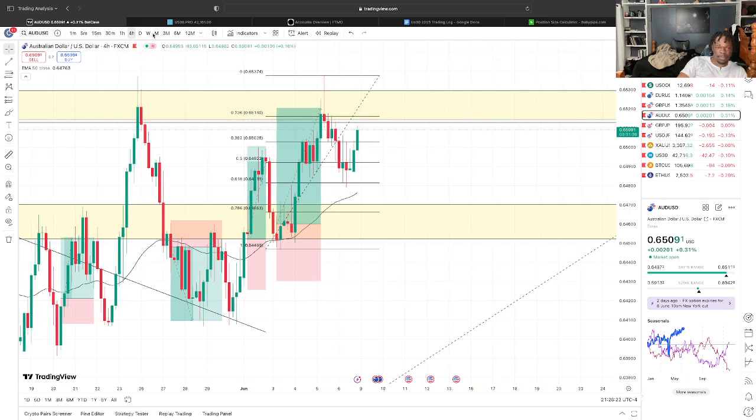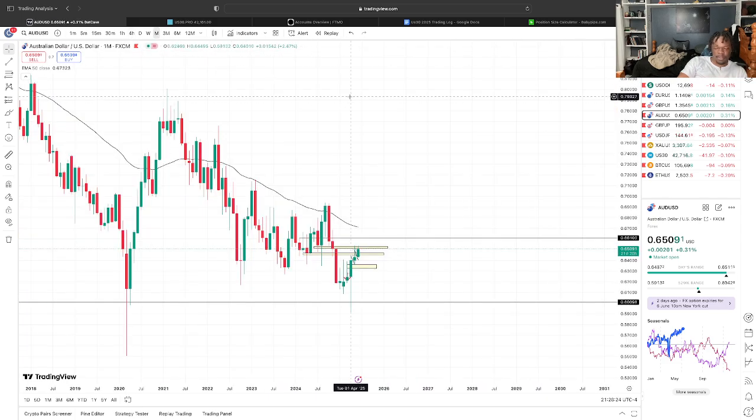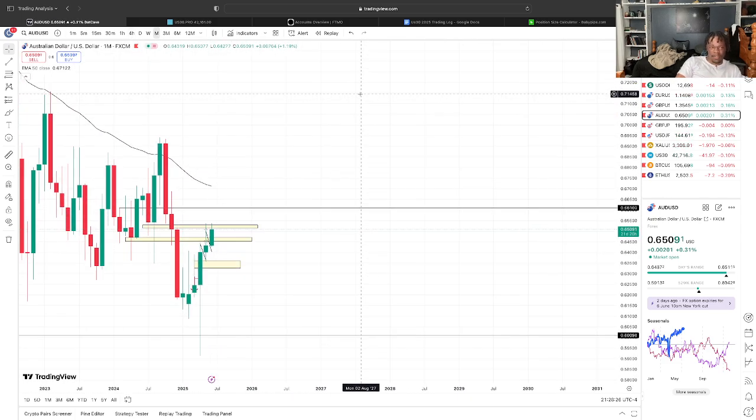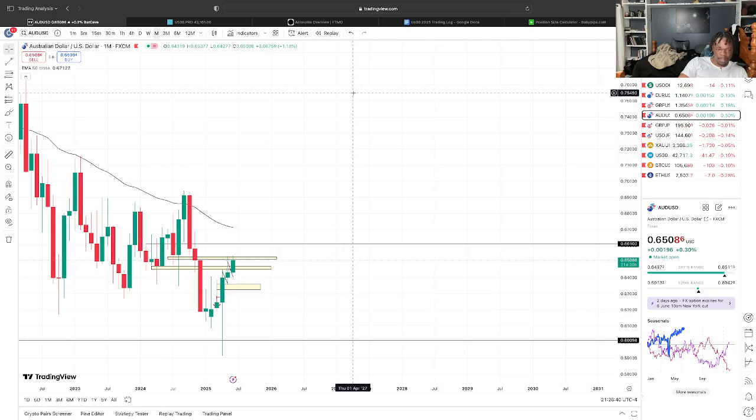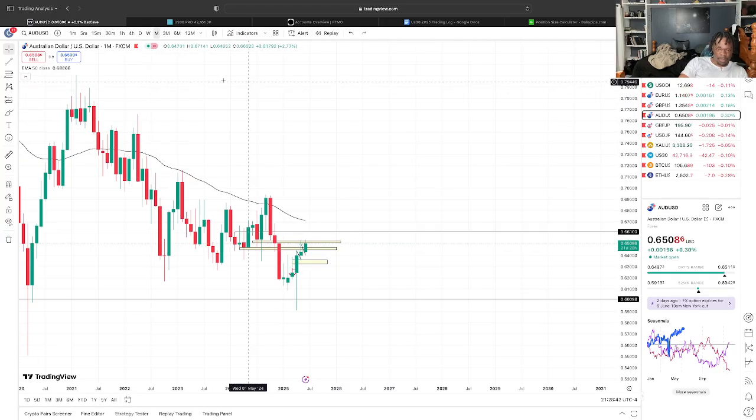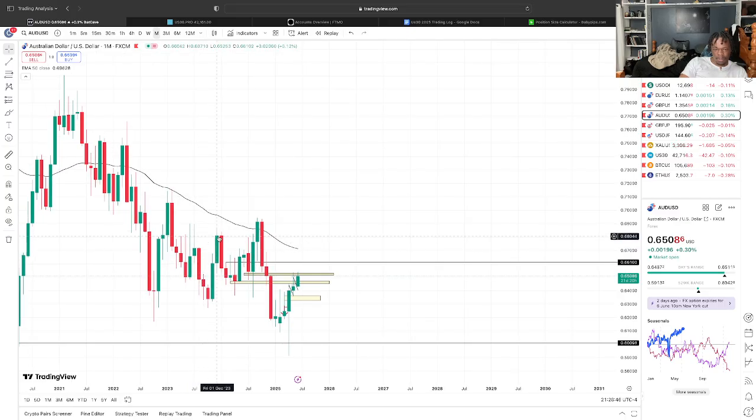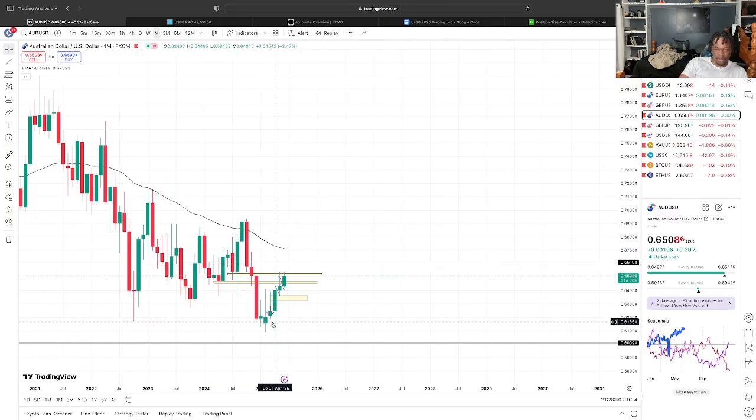If we were to go on to all the pairs that match up with the US dollar, as you can see here, the AUD/USD is currently at 0.65 and could head towards 0.66. As currently on the monthly time frame, it's created a lower low, lower high, lower low, lower high, higher low, higher high, and then created a lower low.